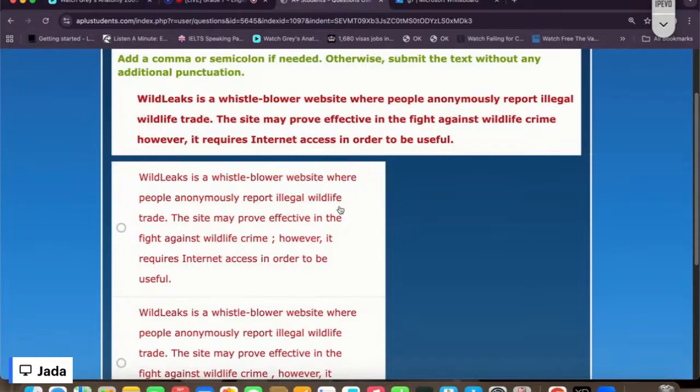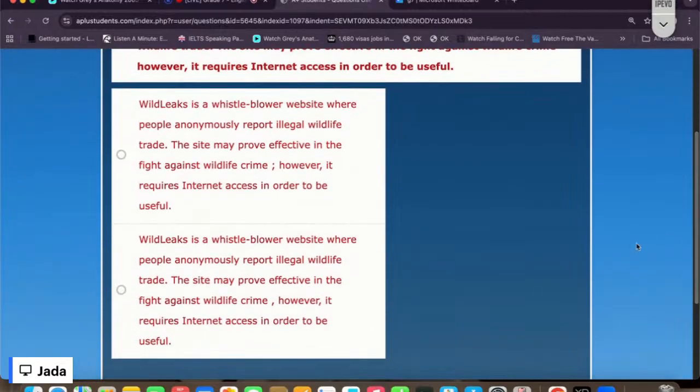Wild Leaks is a whistleblower website where people anonymously report illegal wildlife trade. The site may prove effective in the fight against wildlife crime. However, it requires internet access in order to be useful. So the first or second?